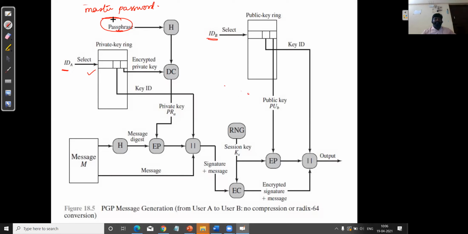Now, from the passphrase or master password, we apply a hash function, which produces the hash code value. Whatever key is stored here, say a session key or encrypted private key, is applied to the hash function.